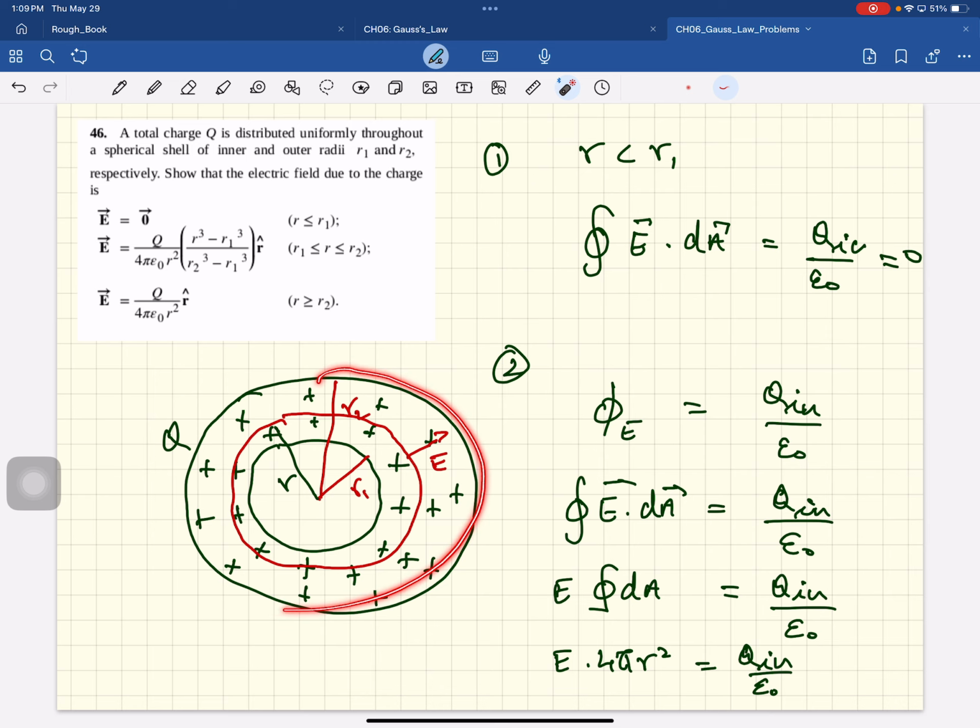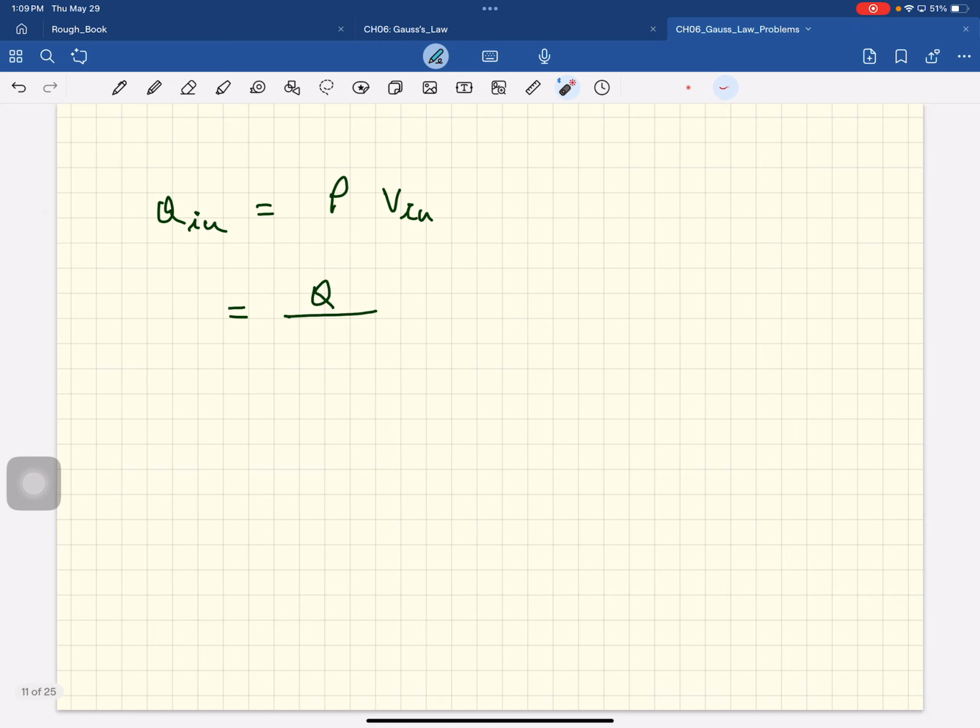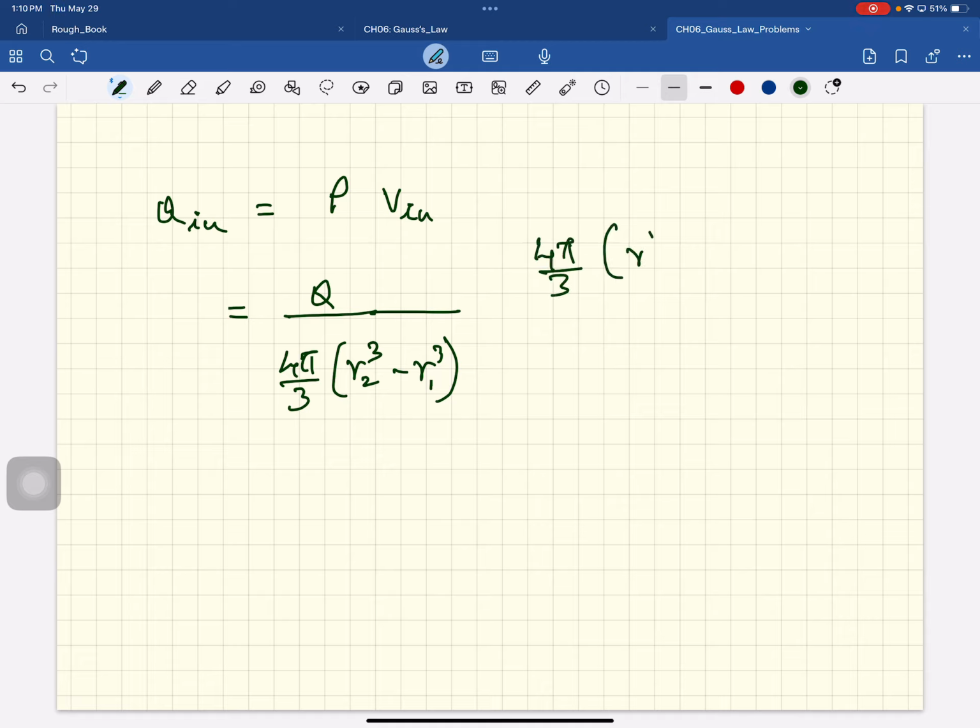So the volume of this basketball minus the volume of this baseball. So 4 pi by 3 times R2 cubed minus R1 cubed. And the volume inside is the same thing, 4 pi by 3 times R cubed minus R1 cubed.